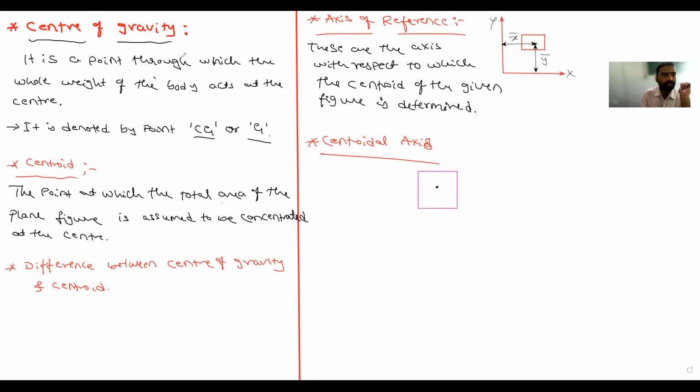I am drawing the axes which are passing through the center. This is one axis, and this is another. This is x dash and this is y dash. The axes which pass through the centroid of the figure are called centroidal axis.